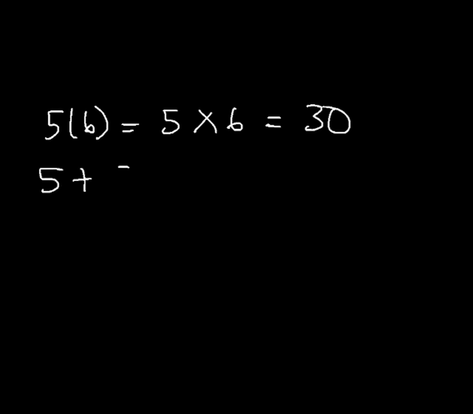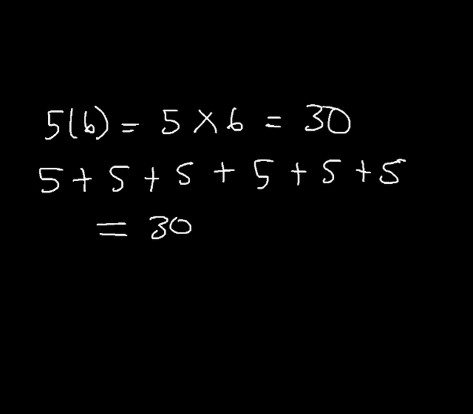So let's say if you want to multiply 5 times 6. This can be written like this, or it can be written as 5 times 6. 5 times 6 is 30. Now, if you ever forget the table, you can add 5 6 times, because that's what multiplication is. 5 times 6 means you're adding 5 6 times, and this will give you 30.